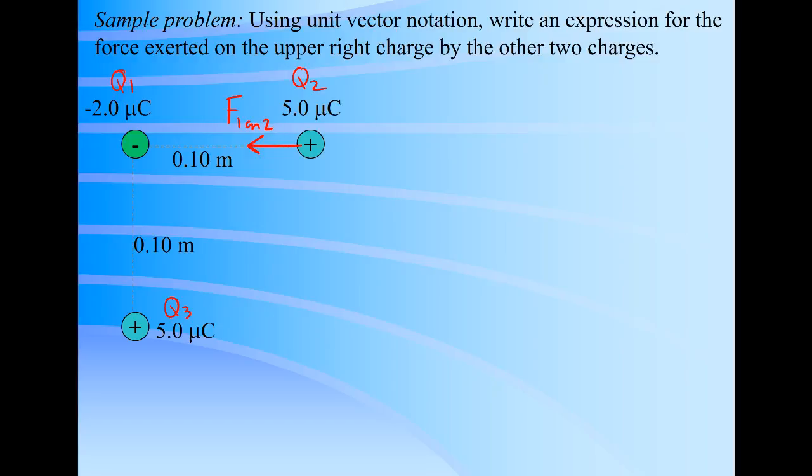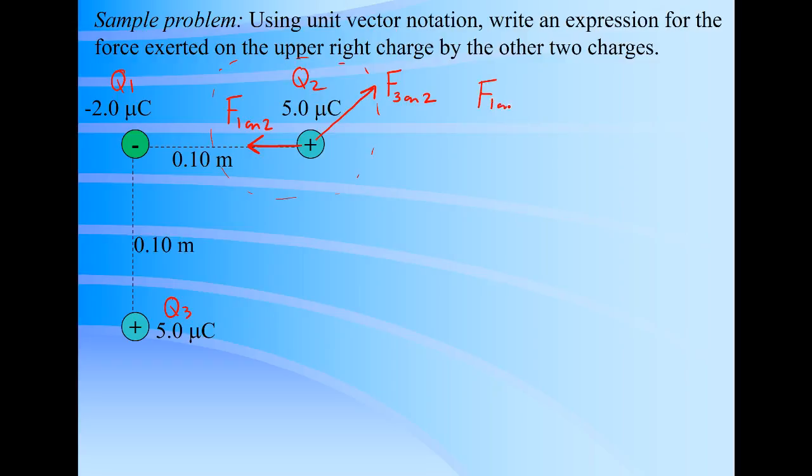And then charge Q3 would be repelling Q2 because they're both positive. So that would be the force of 3 on 2. Notice that what we're doing is isolating what would just happen to one charge. Next, we calculate the magnitudes of these forces.